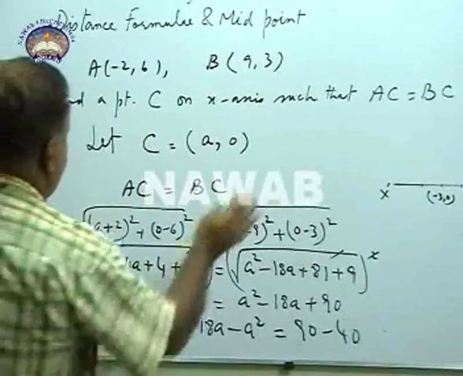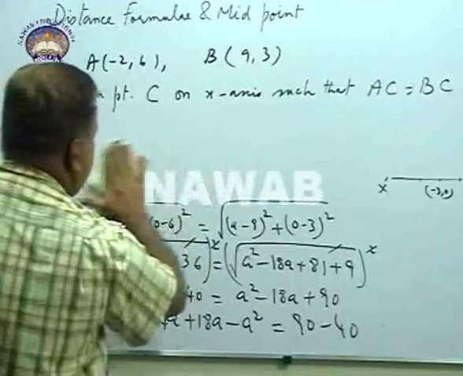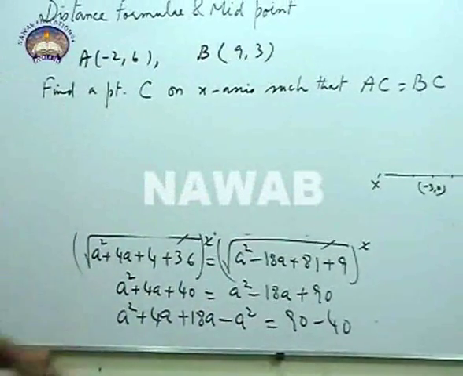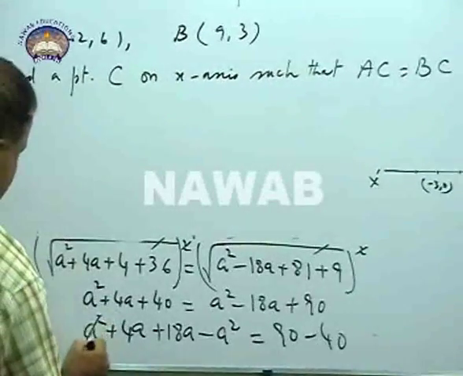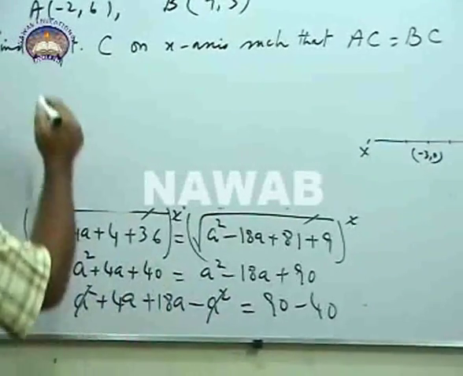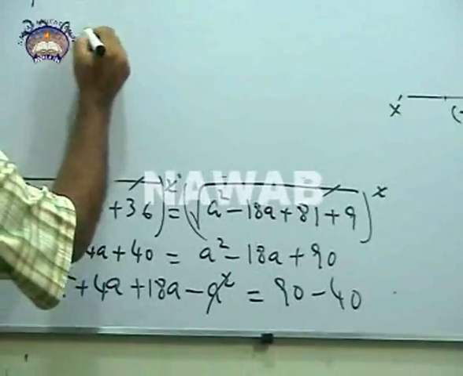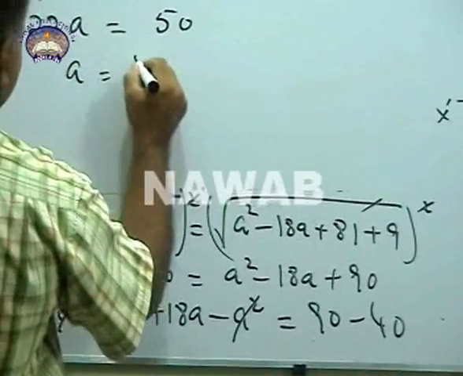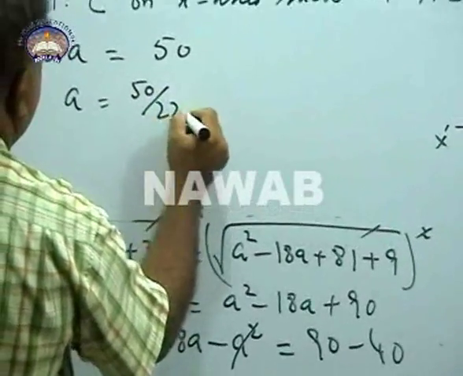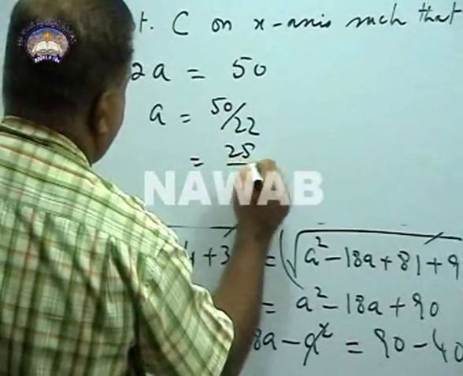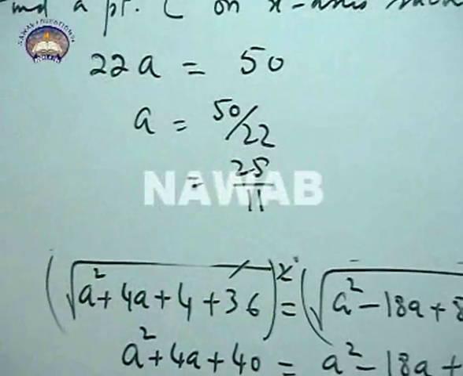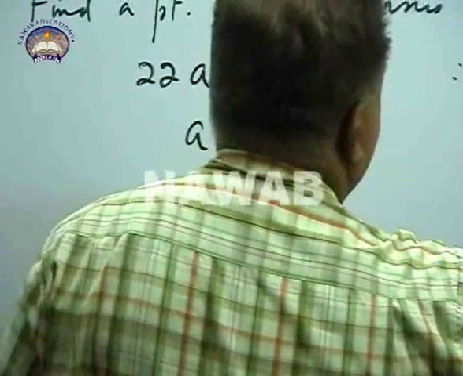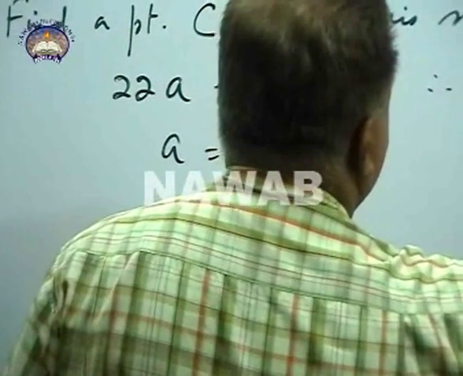So from this equation we get a square is cancelling with a square, and 4a plus 18a, that is 22a, is equal to 50. So a will be equal to 50 over 22, which can be written as 25 over 11. And so the point C is (25/11, 0).